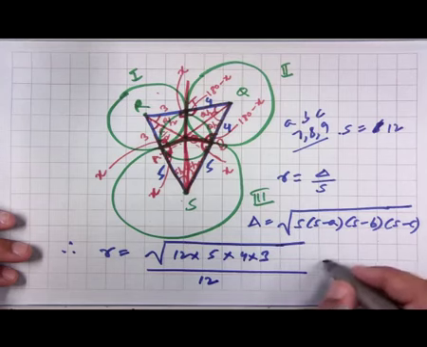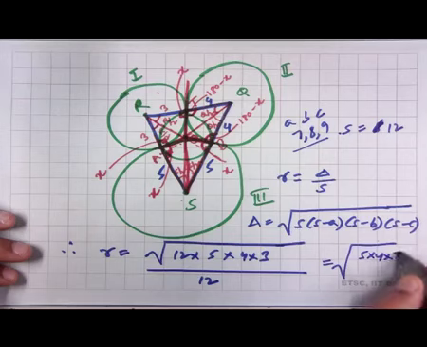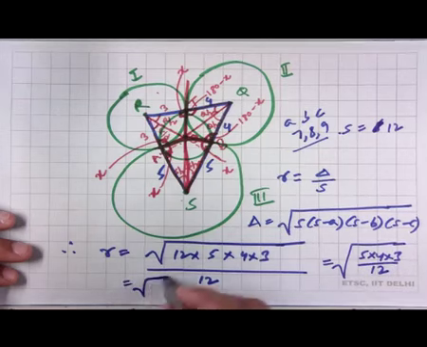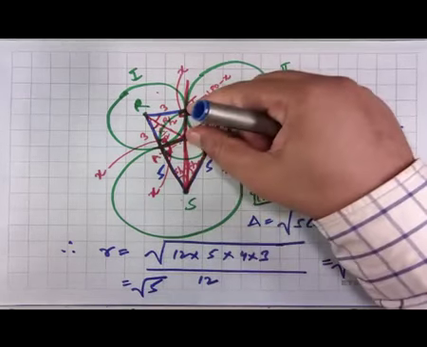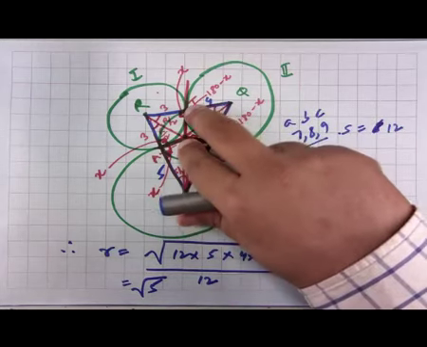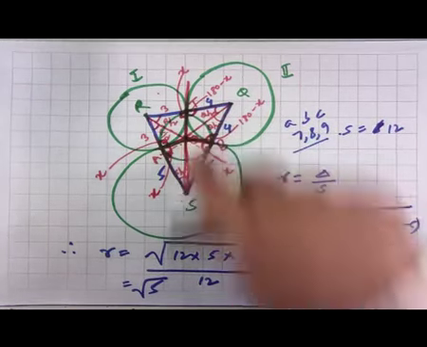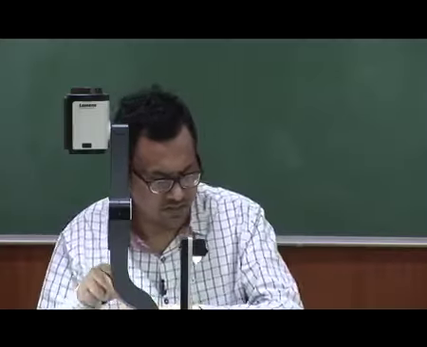So this will be equal to the square root of 5 into 4 into 3 over 12, which is equal to the square root of 5. So the answer is that this distance from the point of intersection of the tangents to the point of contact of the circles is equal to the square root of 5. So this finishes the solution to this problem.